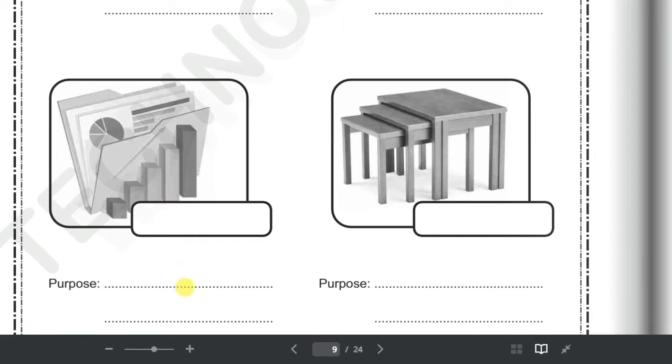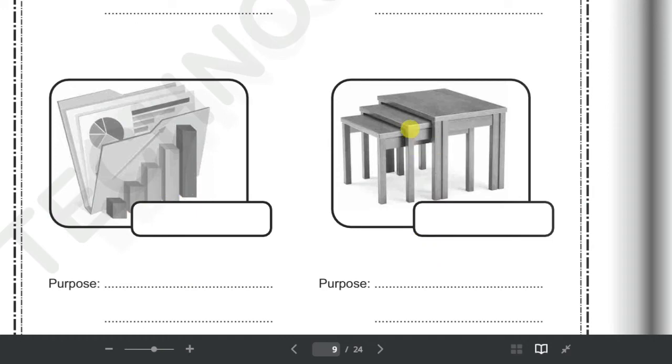You have to write the answer here in your own sentence. Don't refer to textbook answers, because when you write your own sentence you can learn English. You can improve your vocabulary. Whether it is right or wrong, try it. When you make mistakes you can learn from your mistakes.